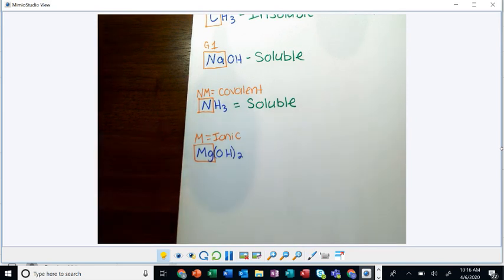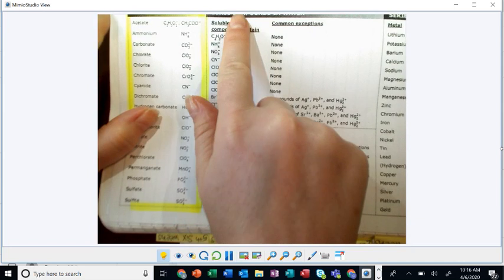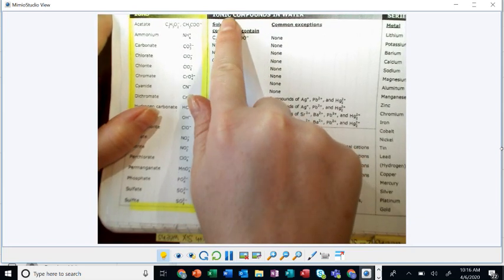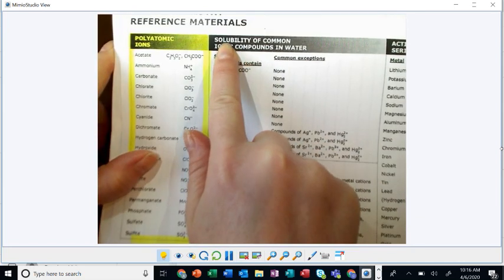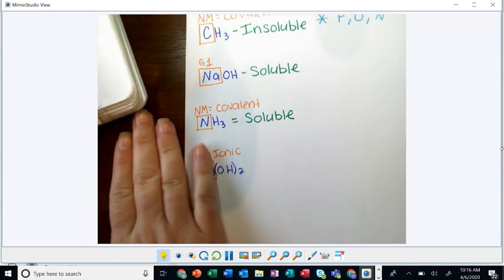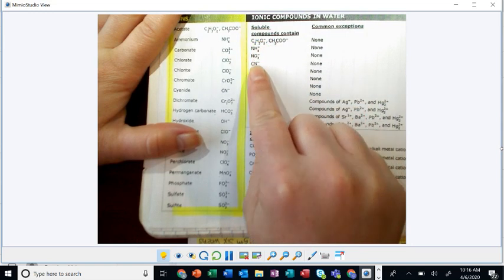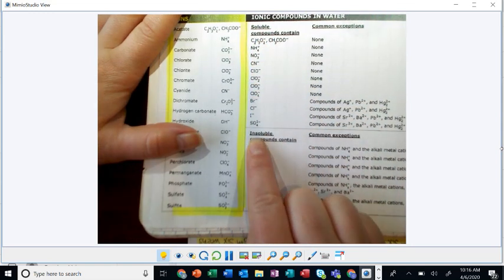If it is ionic, then we need to go back to this solubility chart for ionic compounds, solubility of ionic compounds in water. This time, remember, I'm looking for everything except for the first element. I'm looking for OH. All right, so we go in the first column. I'm looking for OH. Down, down, down.